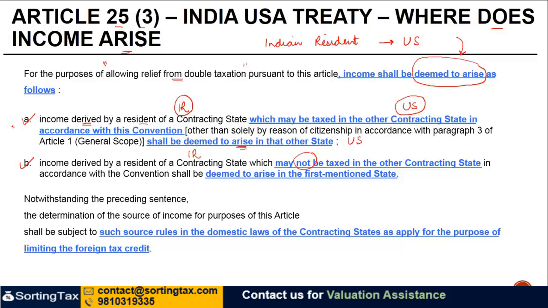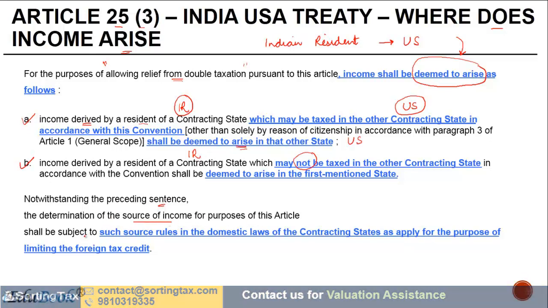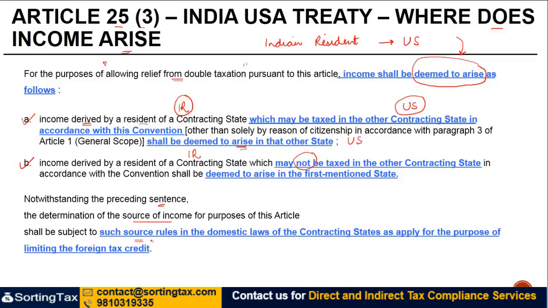Let's look at them. Notwithstanding the preceding sentence, the determination of source of income for the purposes of this article shall be subject to such source rules in the domestic laws of the contracting state as apply for the purposes of limiting the foreign tax credit.